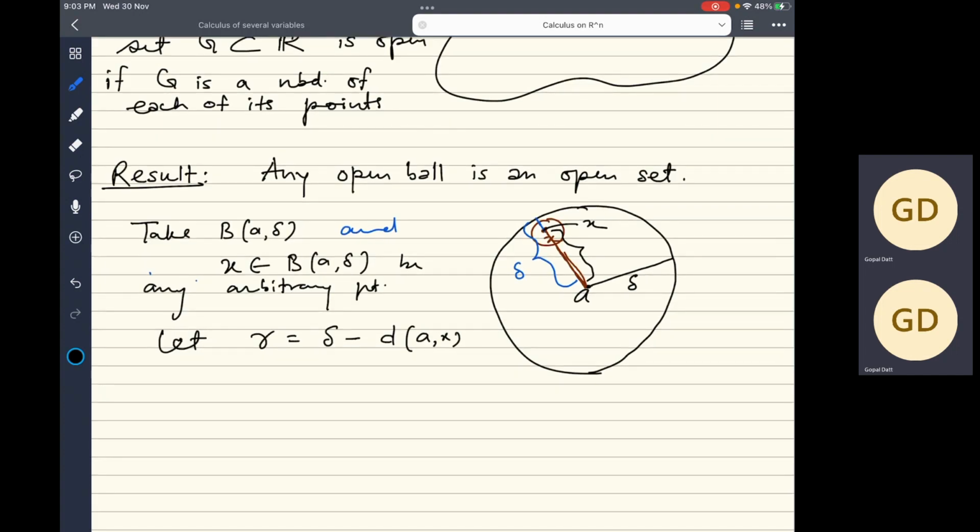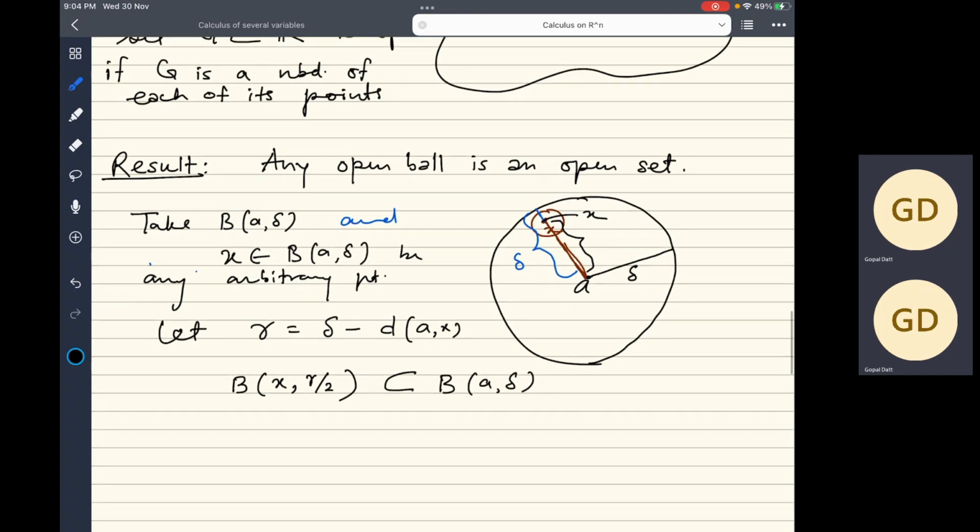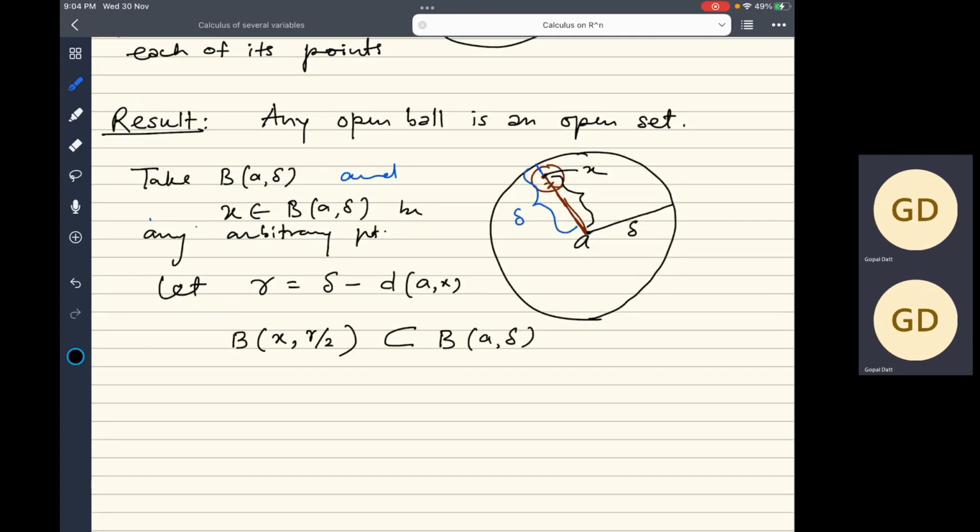What we now do, we take this ball B(X, R), I can choose R, but let me take R by 2. B(X, R/2) is entirely contained in B(A, delta). You may check this. So how do you check?